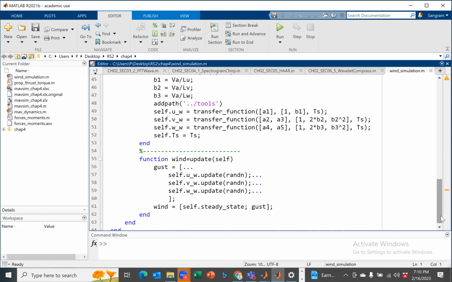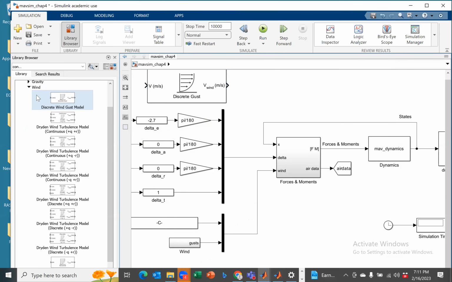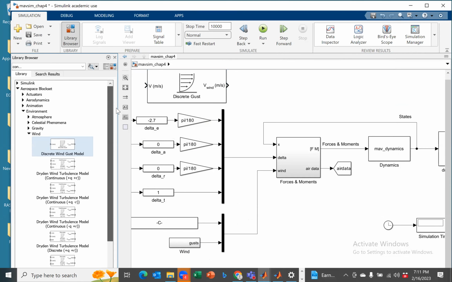Yeah. So just out of curiosity, for this specific simulation program, which block is that supposed to be plugged into? So if you don't want to deal with this wind simulation, you say, I don't want to use this. What you can do is you can go to this aerospace blockset.